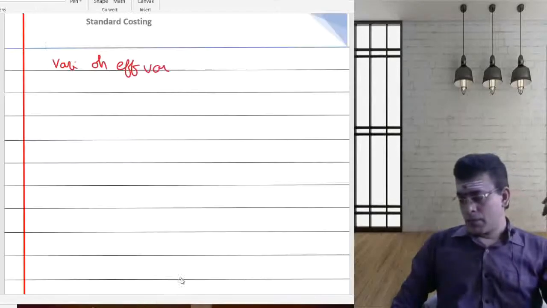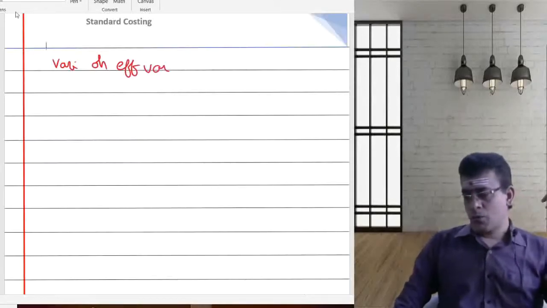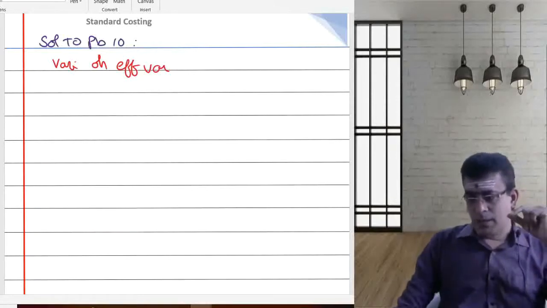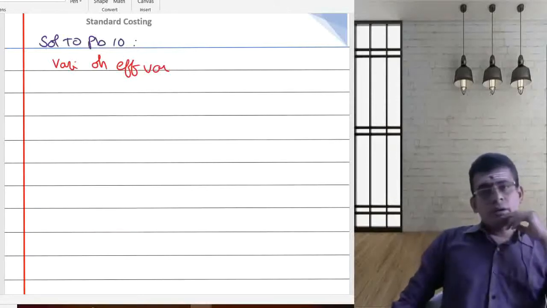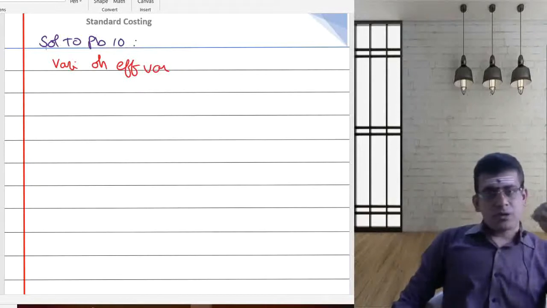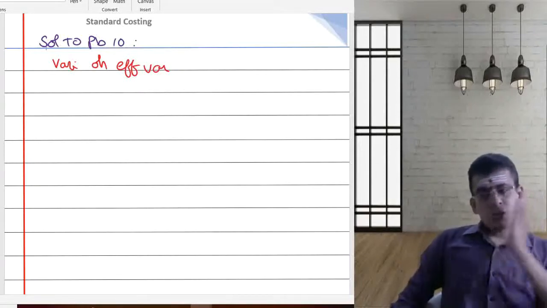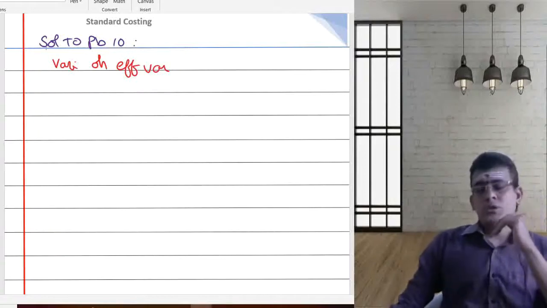Now this is the solution to problem number 10. So the solution to problem number 10 is nothing but this variable overhead efficiency variance. Now whenever you are trying to approach this sort of different problems, first of all, approach is most important. So how do I approach?